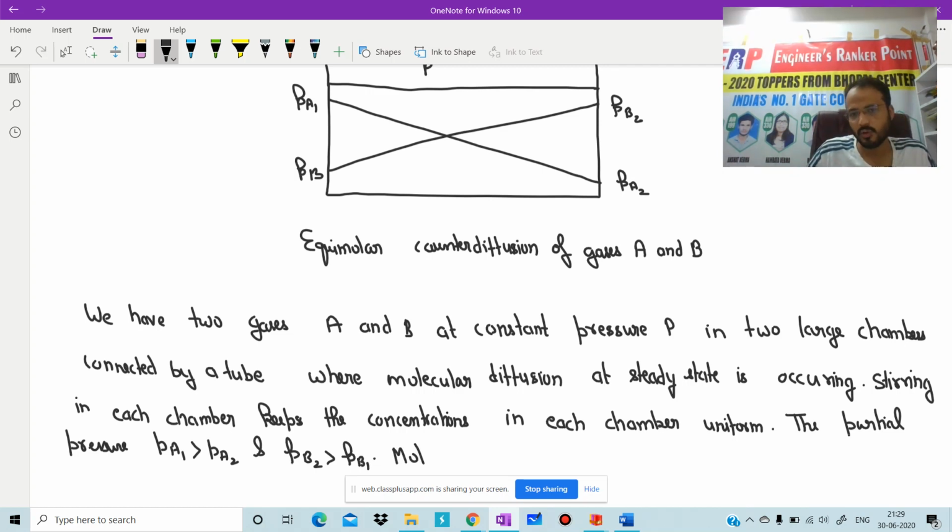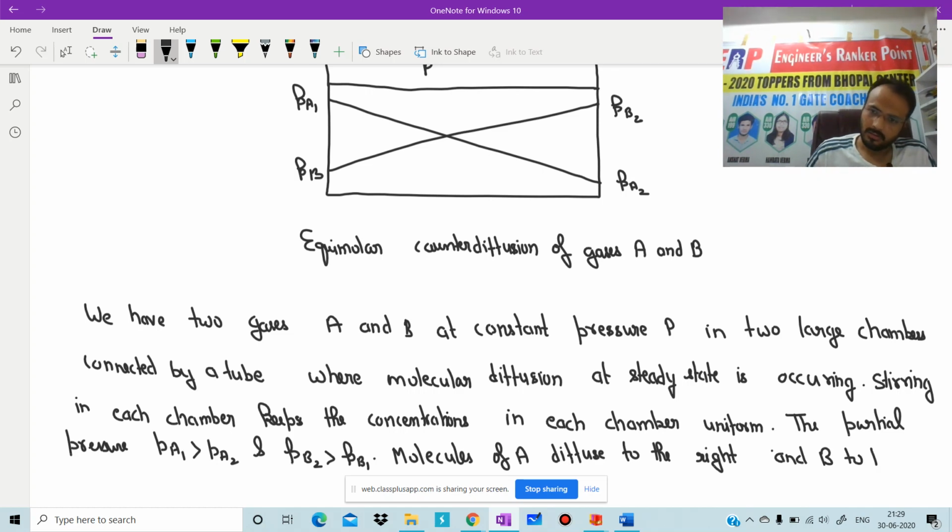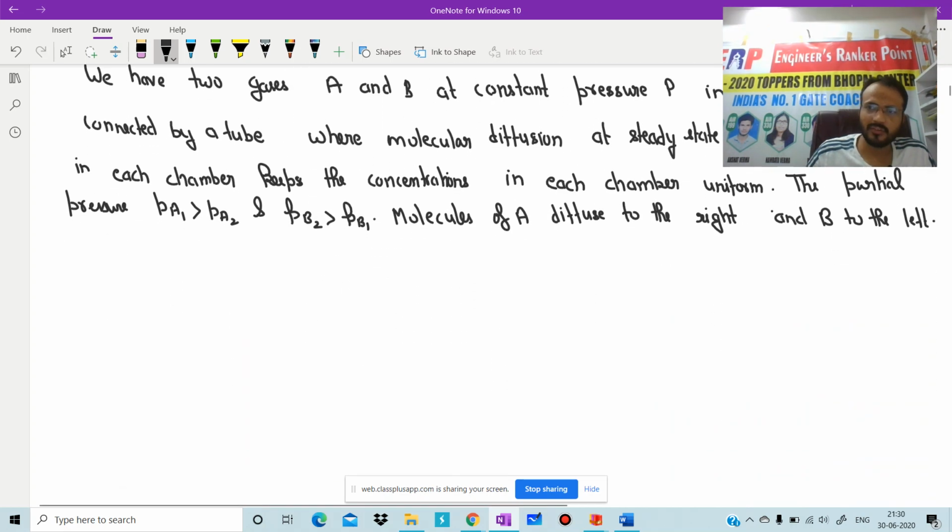I hope, just for your sake, molecules of A diffuse to the right, and B to the left, because from higher to lower.